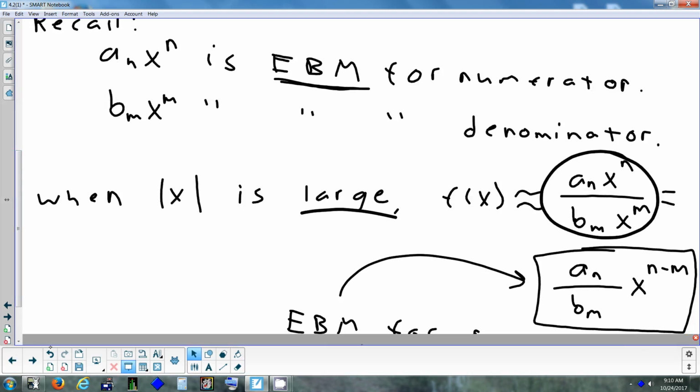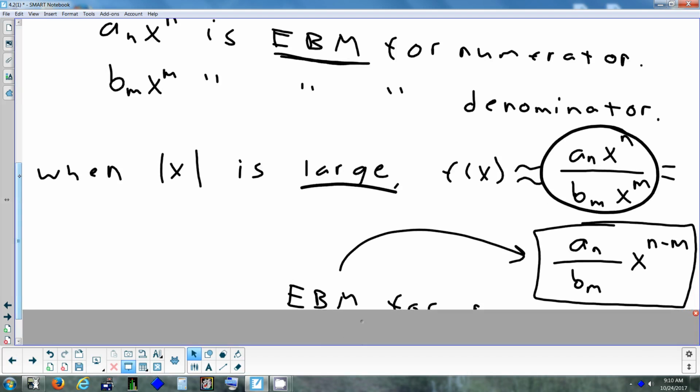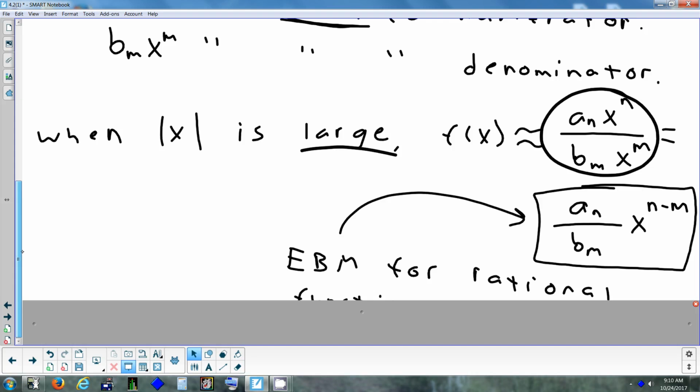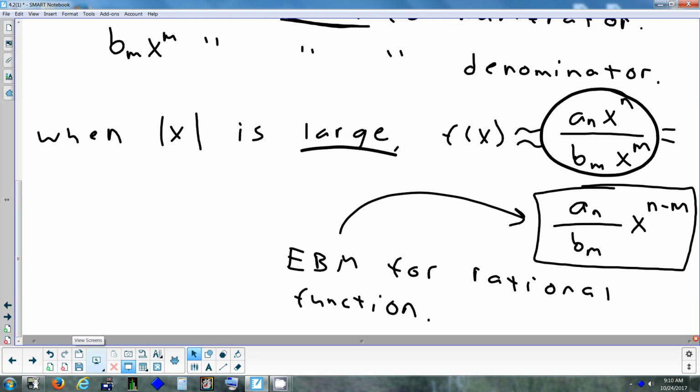Subtract them. Okay, so what really ends up happening is you divide the leading coefficients for the end behavior models, and then you subtract your exponents. And that is the end behavior model for the rational function. And so it just involves finding both end behavior models for the numerator and denominator and dividing them.